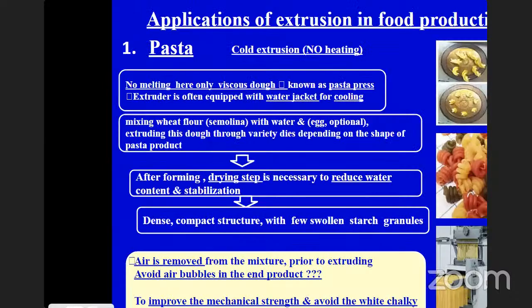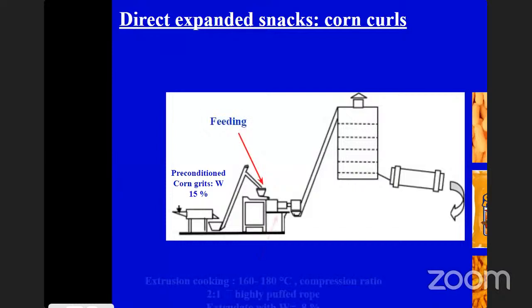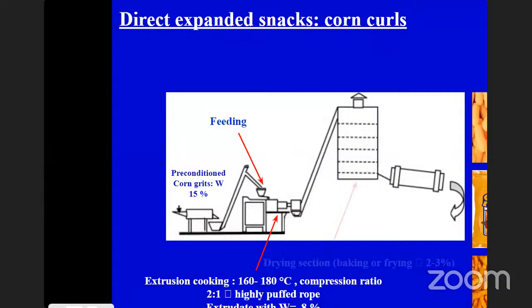An example of direct expanded granule is corn kernels. Preconditioned corn grits with about 15% water content are introduced in the barrel and extrusion cooked at a temperature of 160 to 180 degrees. The extrudate exits the die with a moisture content of 8%.